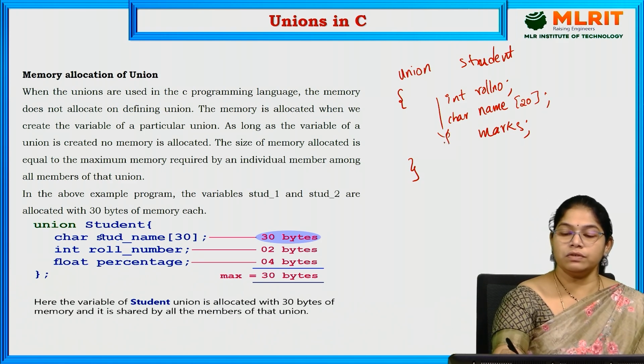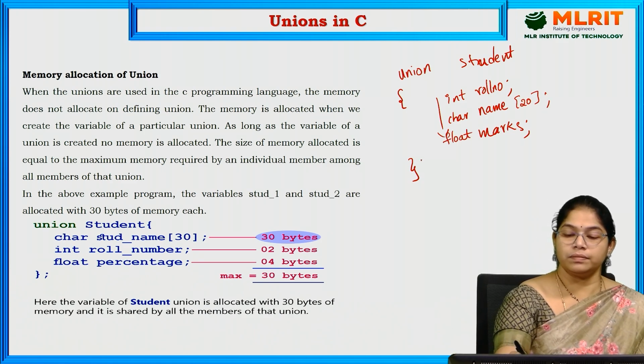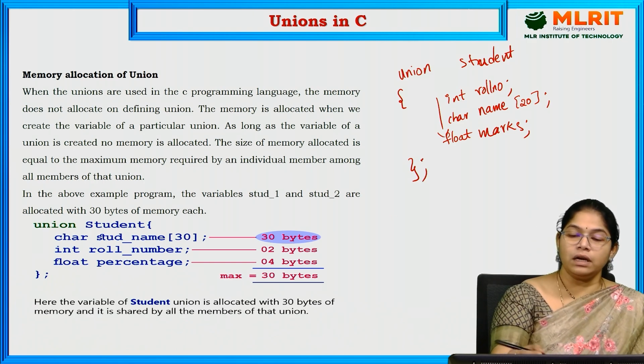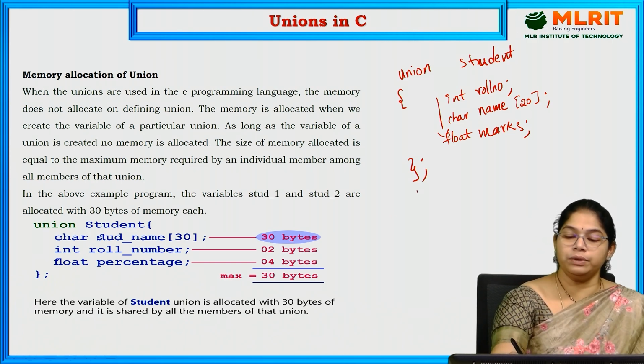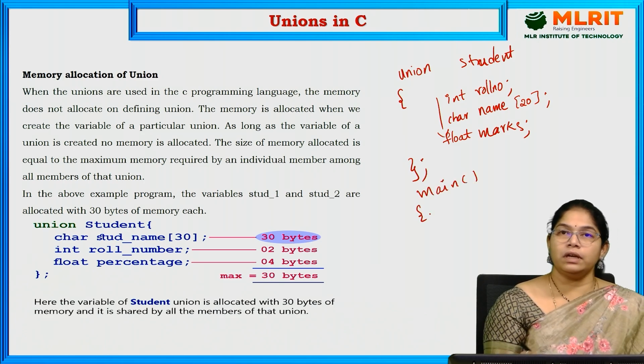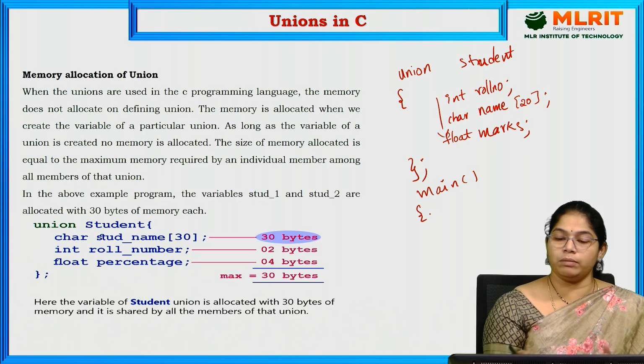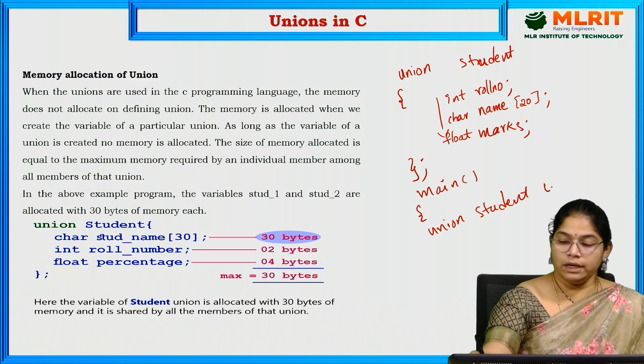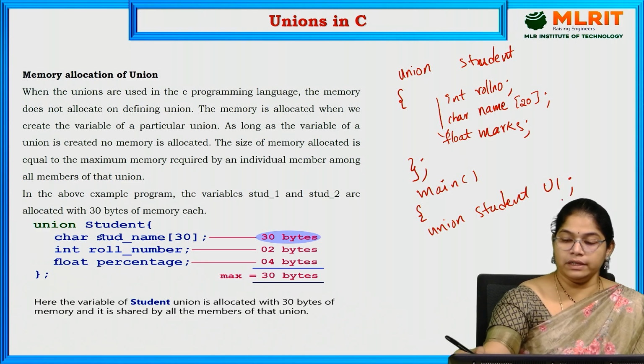Then marks is of type float, like a structure. Then how to create a variable for the union? How do we create a variable in a structure? Like struct student, then the variable name. In the same way, union student, and let us suppose the variable created here is u1.